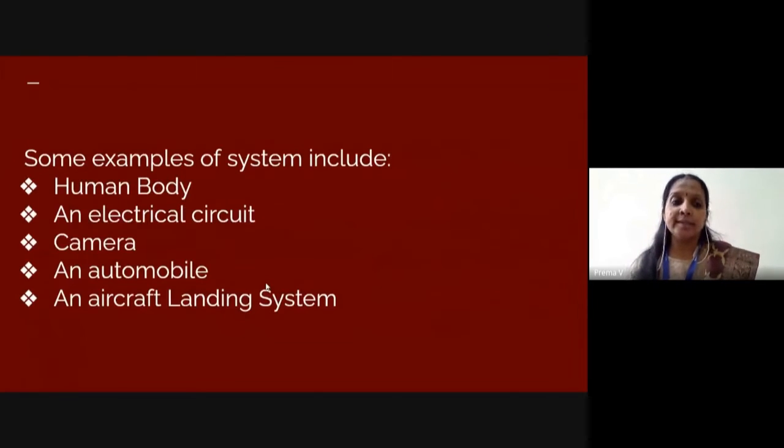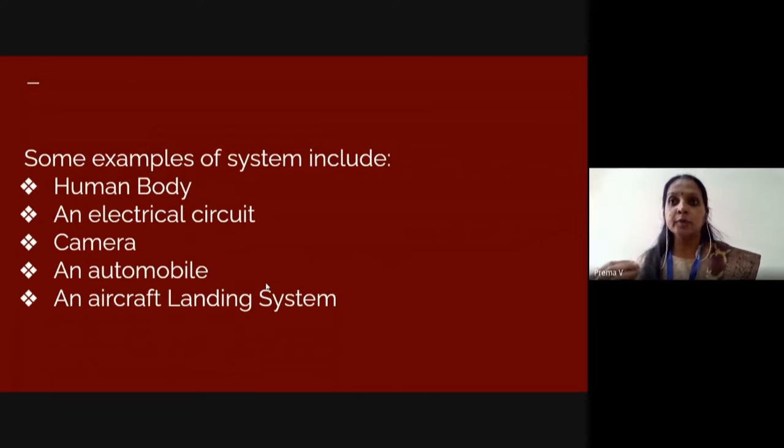Now going to the examples of a system. First example, this is the first example I take in my first class in signals and systems, a human body. If you take a human body, you have several systems inside it. For example, your auditory system: suppose somebody is telling you to take a pen from the desk.